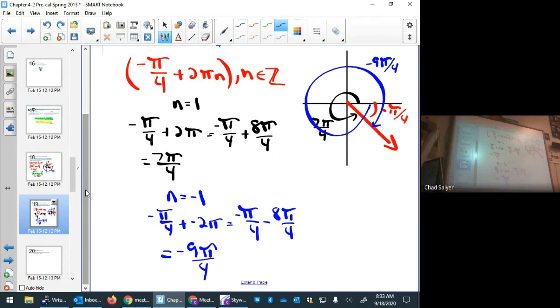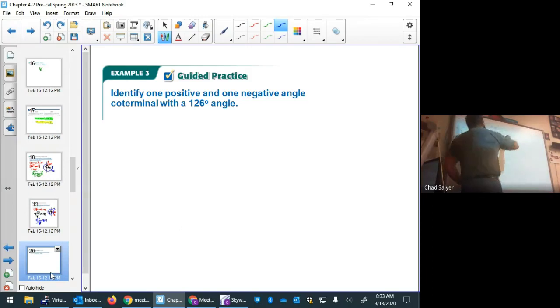Okay, no problem. Here's one for you guys. Find one negative and one positive coterminal angle to 126 degrees.